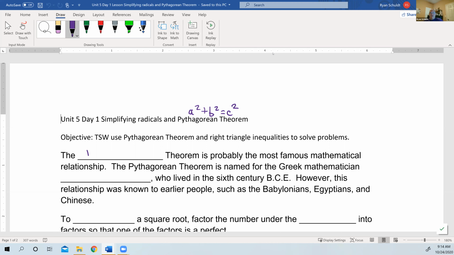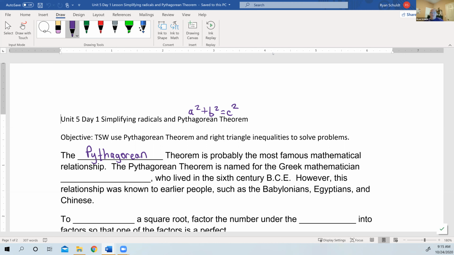So the Pythagorean theorem is probably the most famous relationship in all of math. I mean, all you have to hear is a squared plus b, and then you can finish it. A squared plus b squared equals c squared.